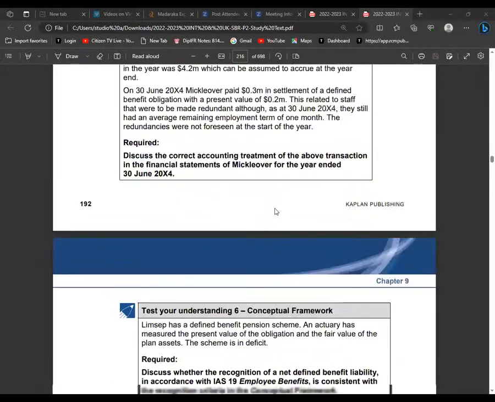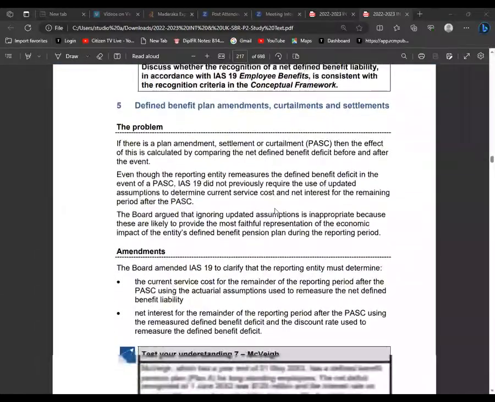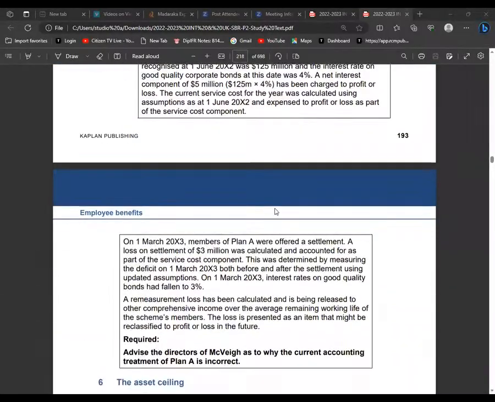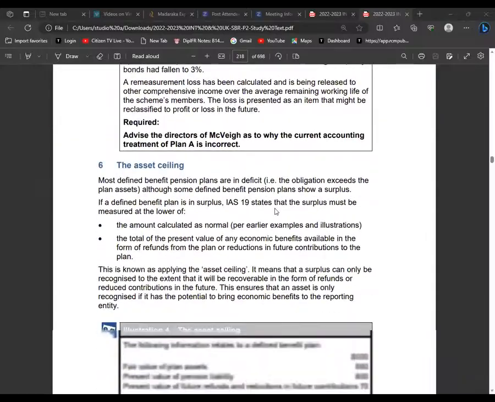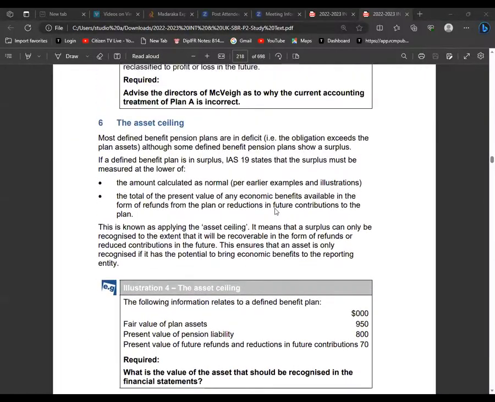Now, ladies and gentlemen, from there we go to something very important, what we are calling the asset ceiling. The asset ceiling. Very, very important. Remember, ordinarily, pension schemes are normally troubled schemes.